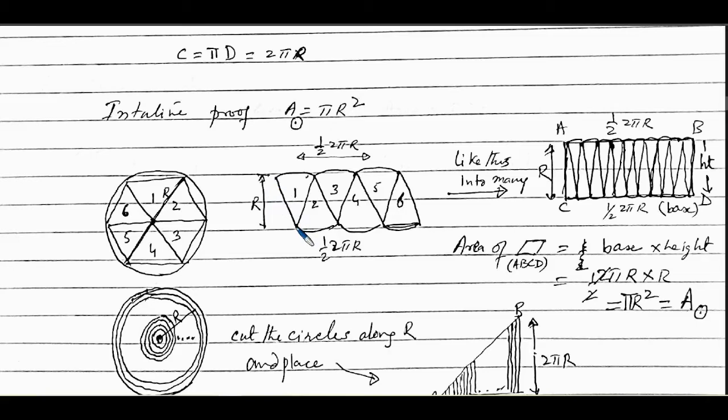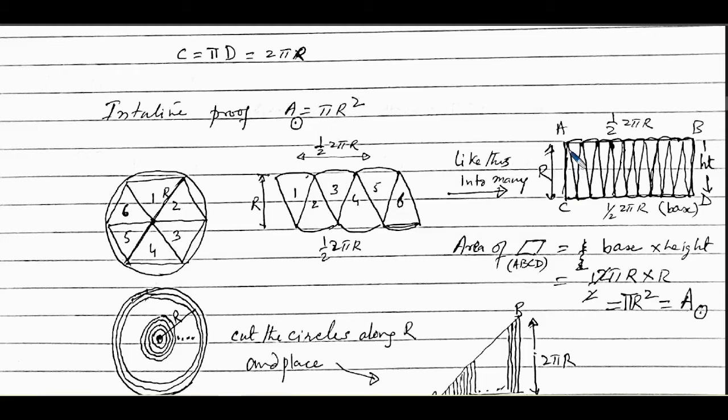To make it straight like this r, I cut it into many pieces, as I have shown, and then this extra curve will also become small. Then I can approximate this length as half of 2 pi r, and this height as r.